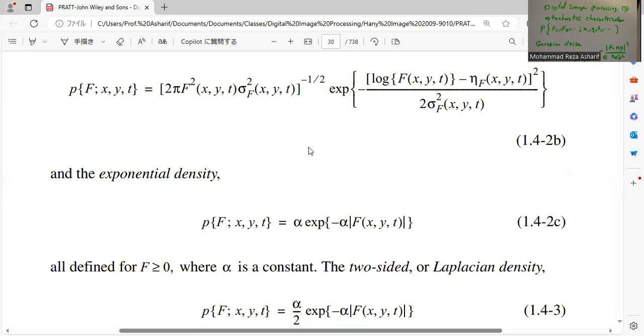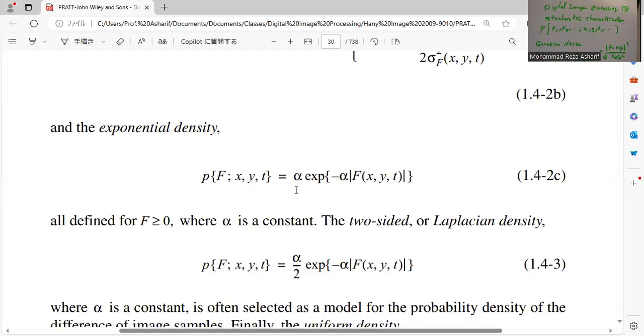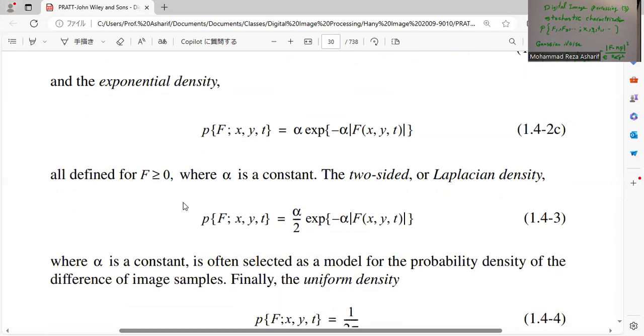Very simply, I go fast here. Then the exponential density is alpha exponential minus alpha f, where alpha is a constant.